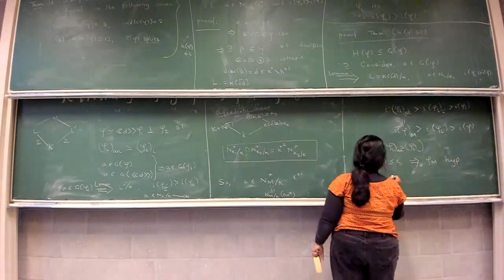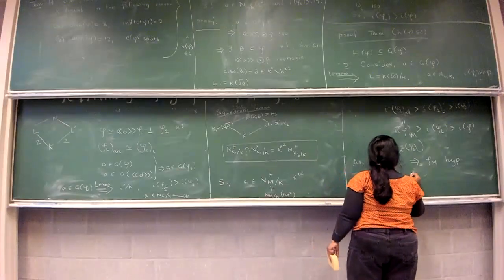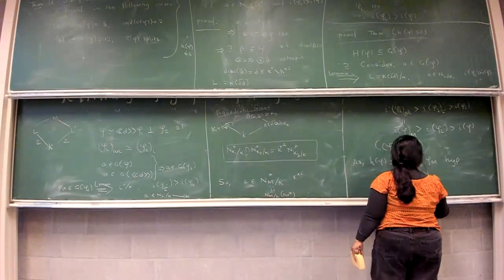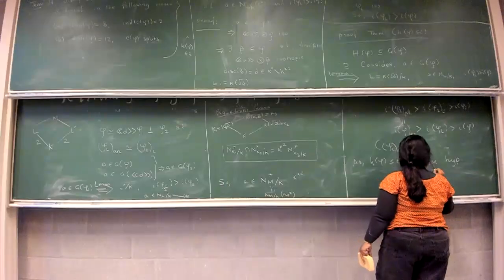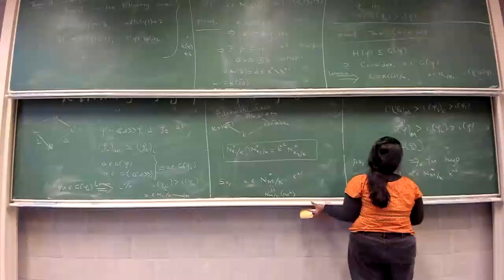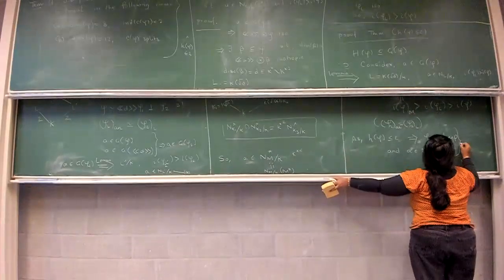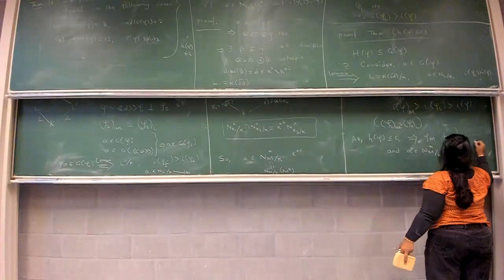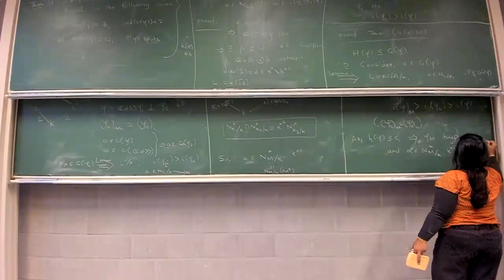So this is hyperbolic and A is a norm from the map. So with these two we can say A is in the H of Q.